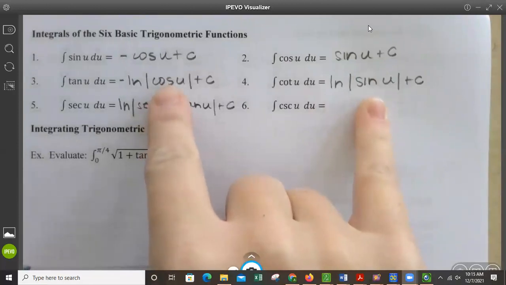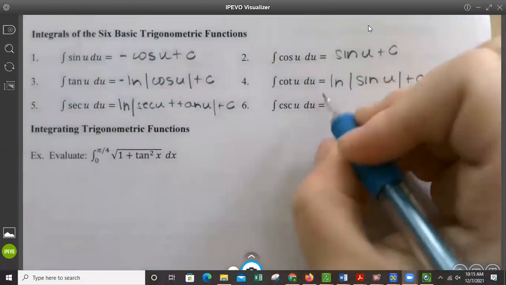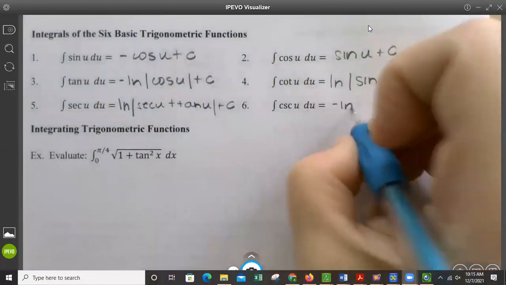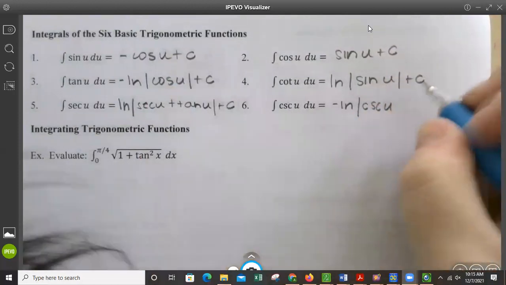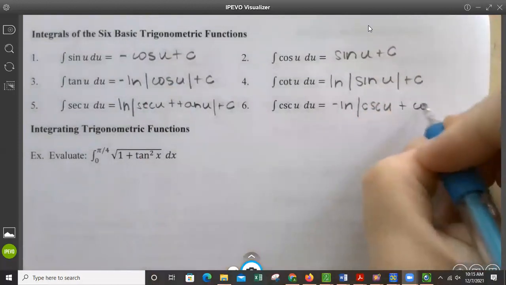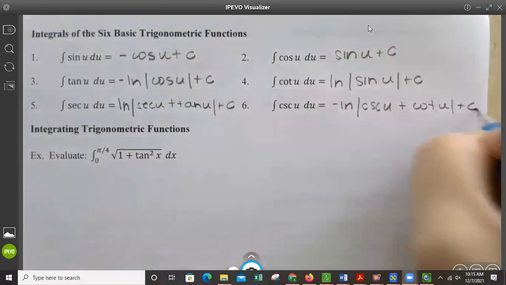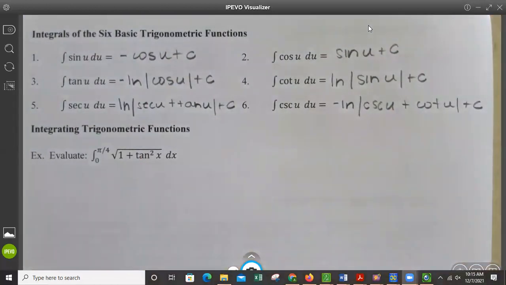So that's why they're flipped like that. And then cosecant is negative ln cosecant u plus cotan u plus c. And again, those are listed in the front of your book, so you don't necessarily have to reference your notes, but you'll be using them.